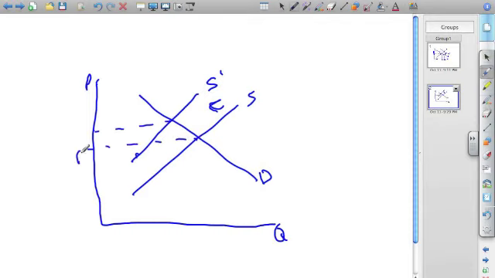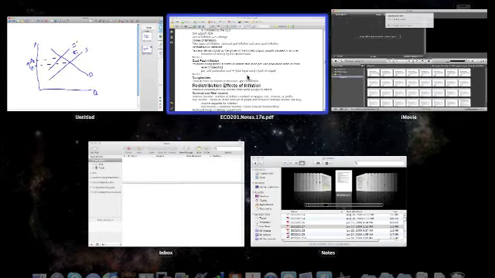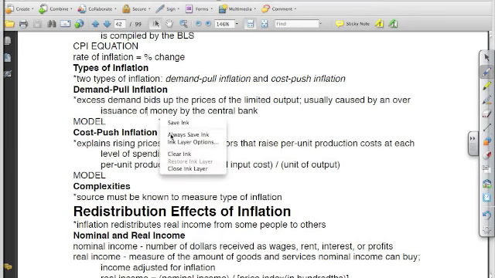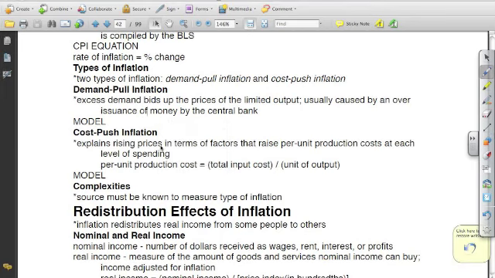Increases them. So with cost push inflation, our change in supply causes inflation, whereas with demand pull inflation, our change in demand causes a general rise in prices.